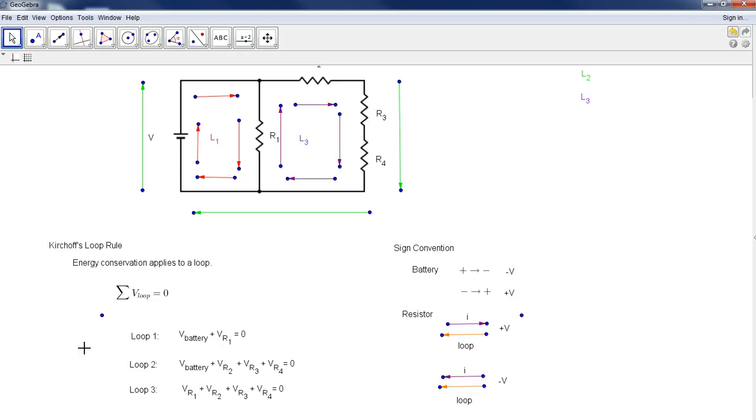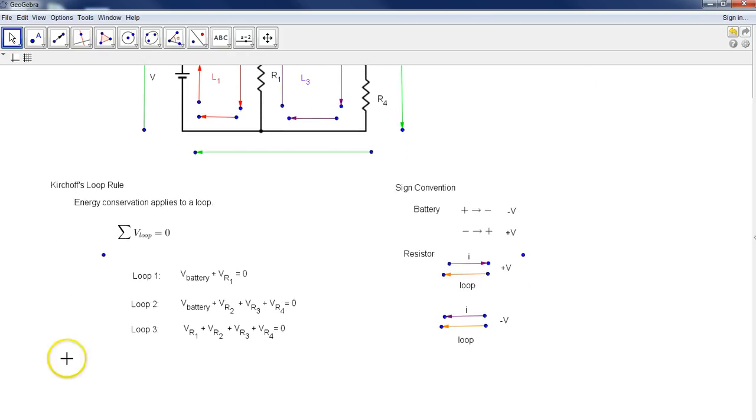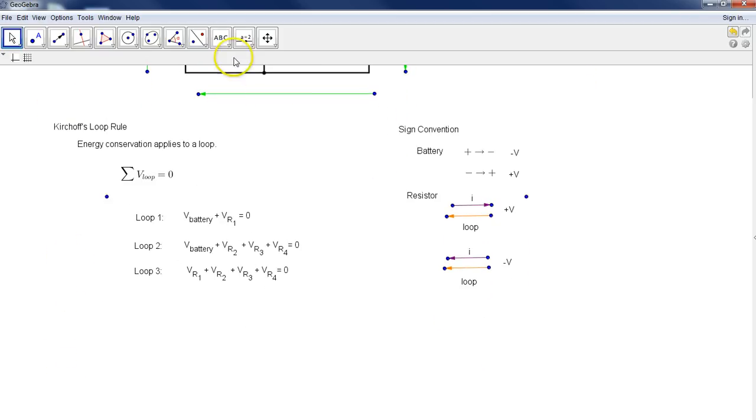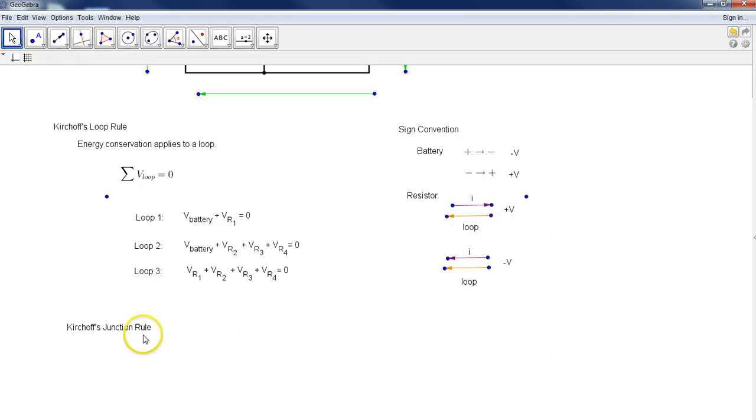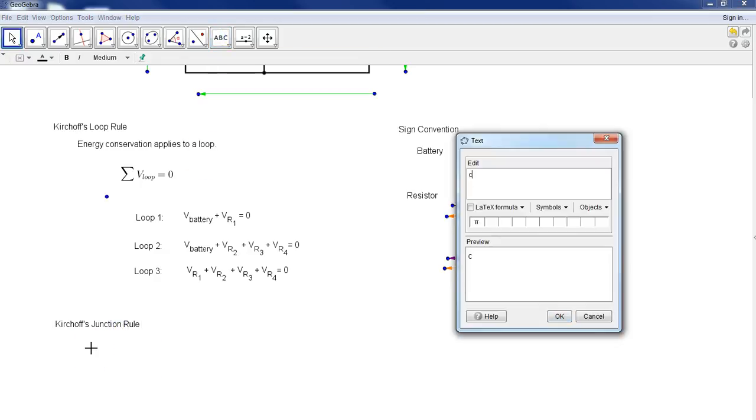The other rule that we're interested in for the circuit is conservation of charge. Conservation of charge relates to the junction rule. So we could say Kirchhoff's junction rule, this one is applying conservation of charge to a junction.